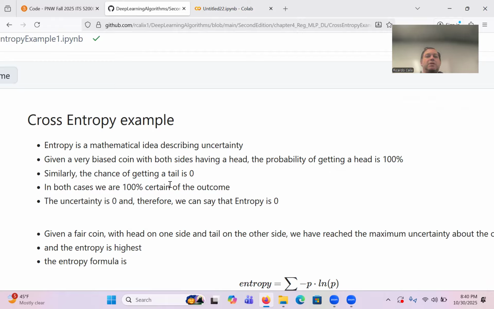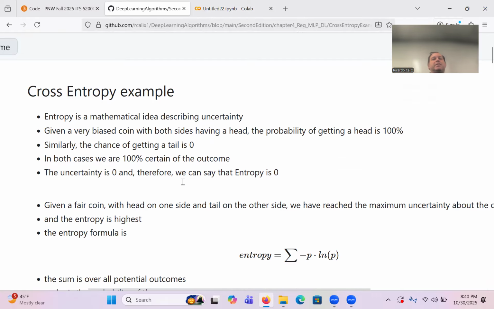Similarly, the chance of getting tail is 0, because both sides are head. In both cases, we are 100% certain of the outcome. The uncertainty is 0, and therefore we can say that entropy is 0. That's the key thing. That's the intuition, but there's a metric, a formula called entropy, that helps us model exactly that.